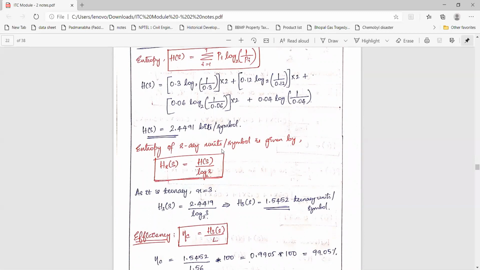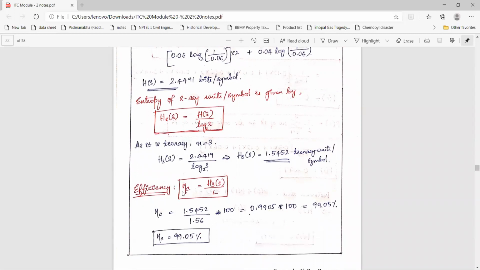Next, entropy of R-ary units. Since this is ternary, we consider R equal to 3. So H3 of S is nothing but H of S divided by log of 3 to base 2. H of S we have got as 2.4491 divided by log 3 to base 2, so we get H3 of S as 1.5452 ternary units per symbol.